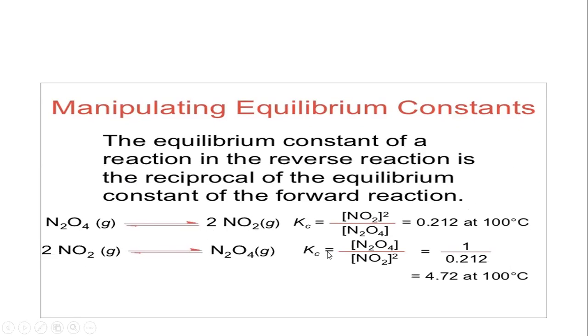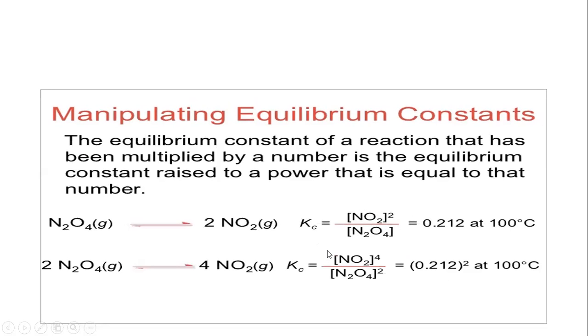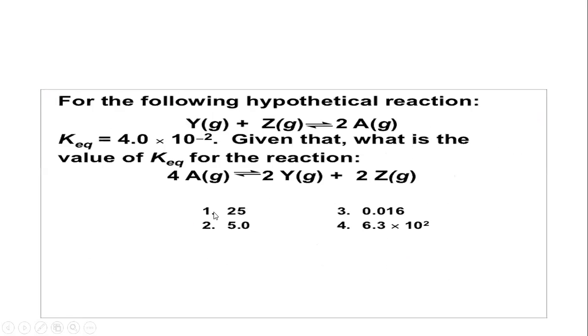So with that, if the equilibrium constant is 1 out of the equilibrium constant for the first reaction, then we also know that when we multiply through an equation by a number, we have to raise the new equation's equilibrium constant to that number. So with this equation, two things have been done at the same time.